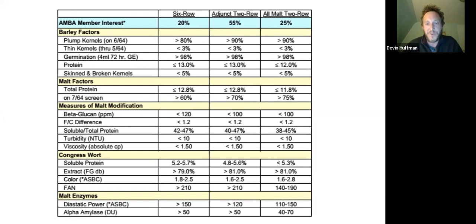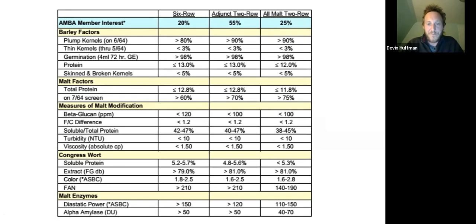So in the scenario where you're working with a 10% barley, you're not necessarily going to be able to achieve both a Vienna malt at 5 or 6 SRM and maintain a diastatic power at 130 or 140. You're going to have to sacrifice some of the diastatic power in place of color.